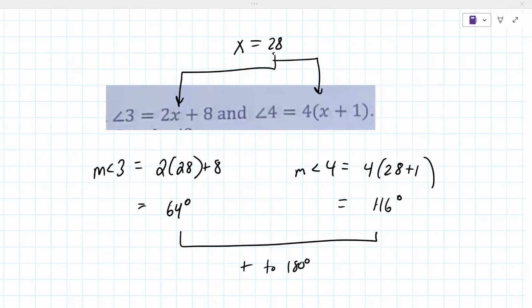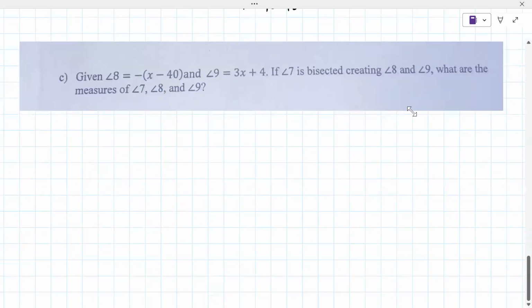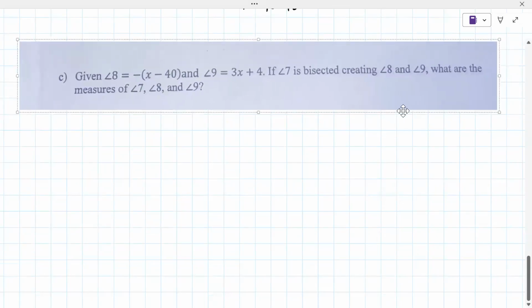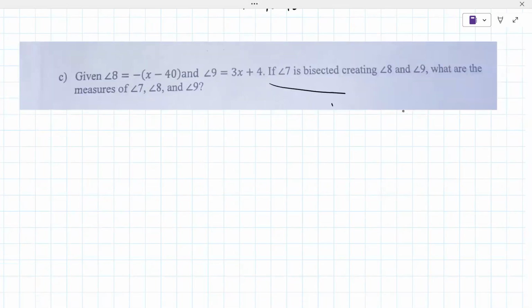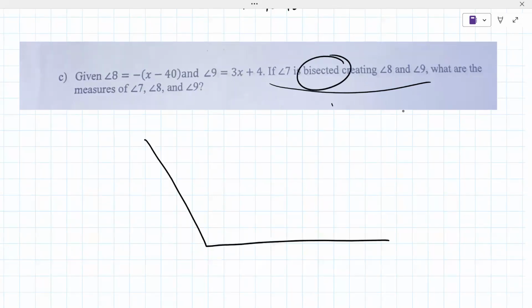Since we're really short on time here, what I'm going to do for part C is just set up the drawing and maybe get some time later to work on it. It says that if angle 7 is bisected, creating angles 8 and 9. Bisected means to cut in half. So that's angle 7, and we're going to cut it in half so that this is angle 8 and angle 9, and somehow indicate that the whole thing is 7.